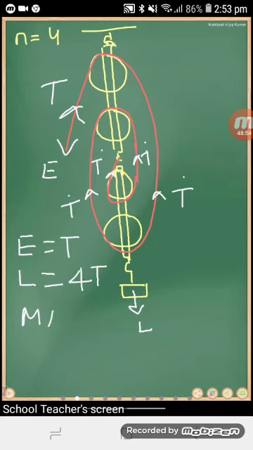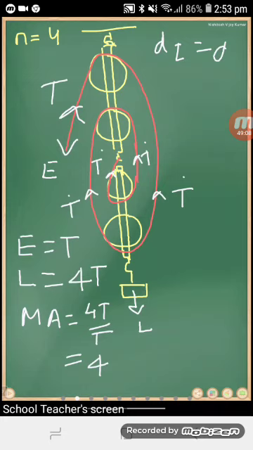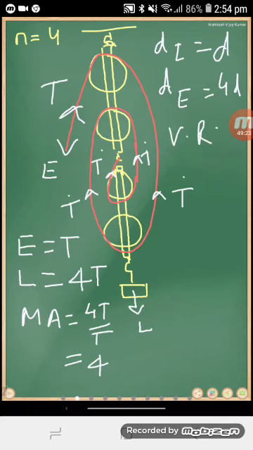So mechanical advantage is equal to 4T by T equal to 4. Similarly, the distance moved by the load, let it be d, so distance moved by the effort is equal to 4 times of it. And as a result we find that velocity ratio is equal to 4.